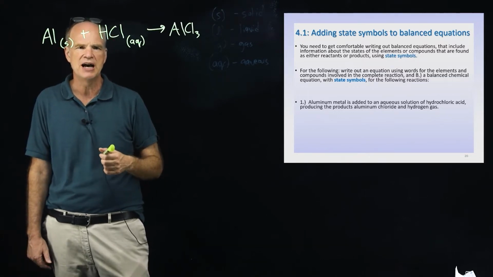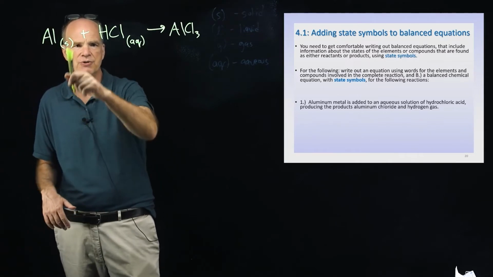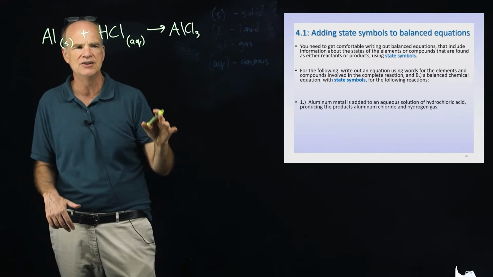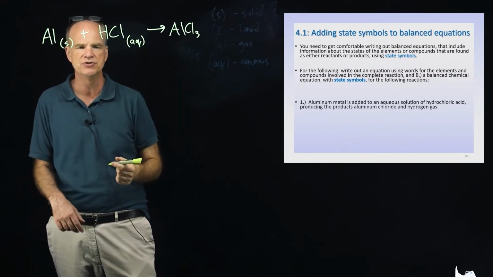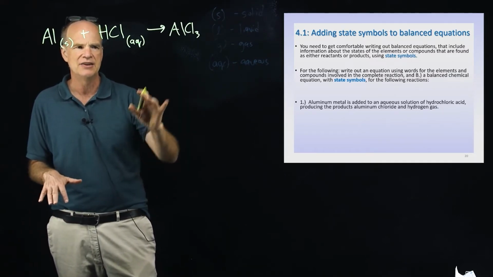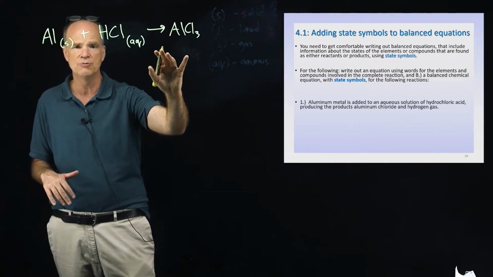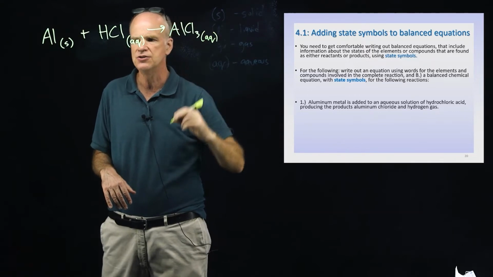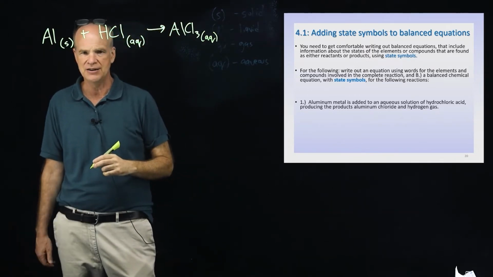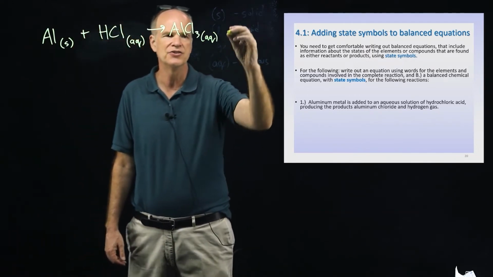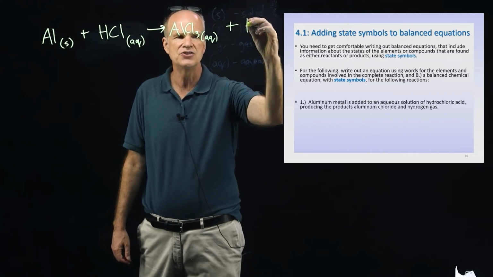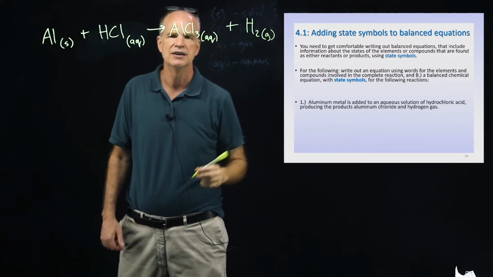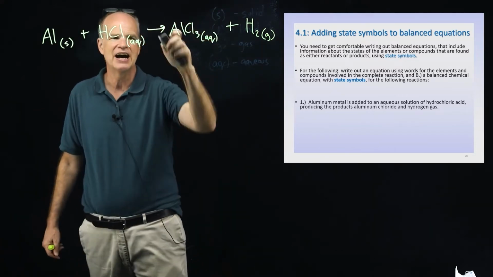What you might expect is as this reaction goes, the reactants go away and products form. So products form in this aqueous solution. You might imagine that this ionic compound will form an aqueous solution, so you might make a good guess that this is (aq). But another product is hydrogen gas. Hydrogen gas is H2, and this is (g). Okay, so now I've got to balance this.